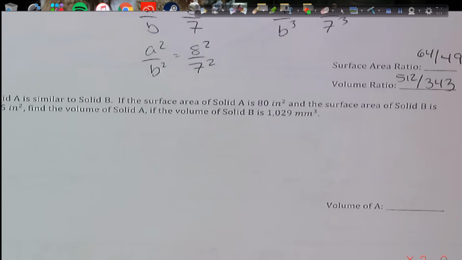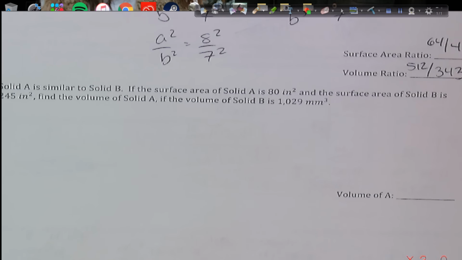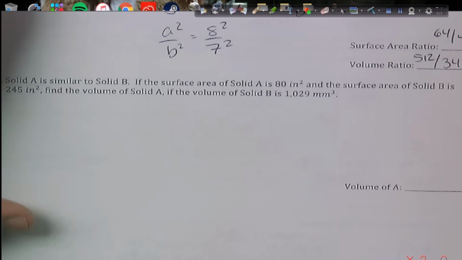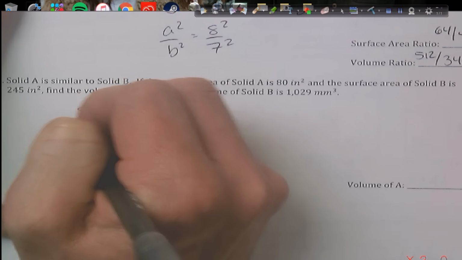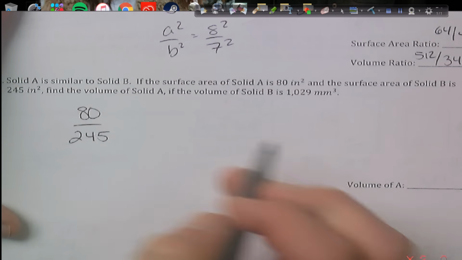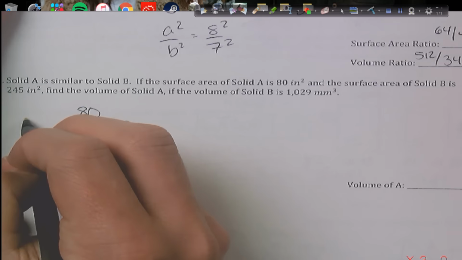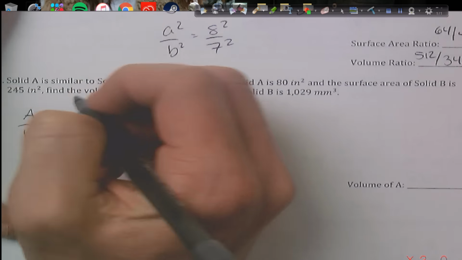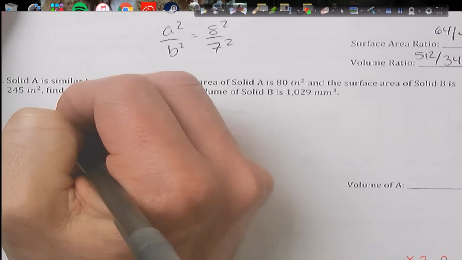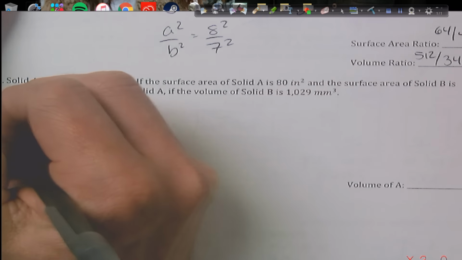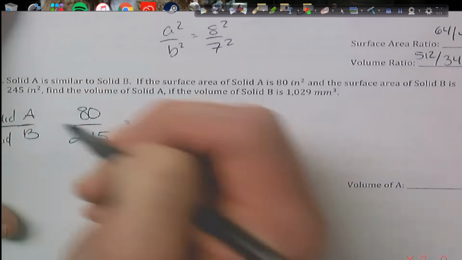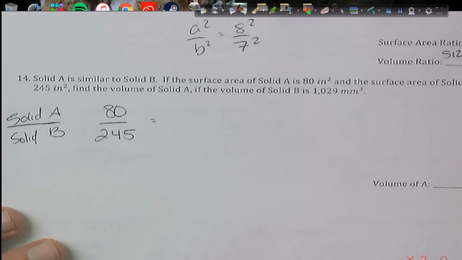And last one. A is similar to B. If the surface area of A is 80 square inches and the surface area of B is 245, find the volume of A. So we did A over B just to keep a reference point. And this is going to be kind of confusing. I wish I didn't do that. Let's do solid A over solid B. There we go.